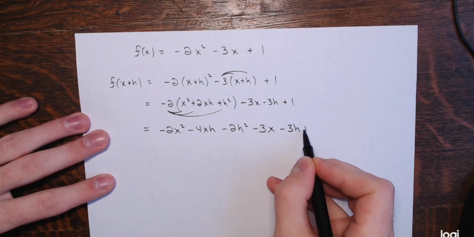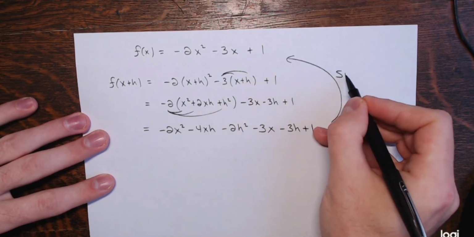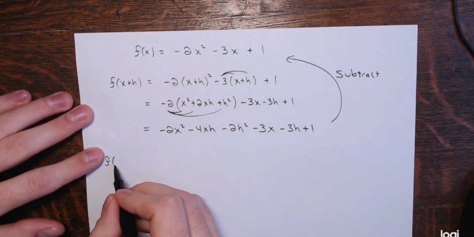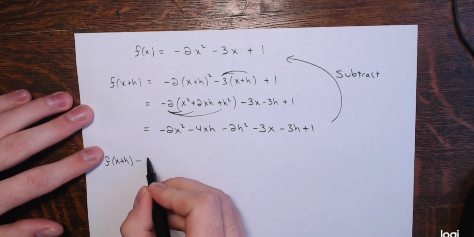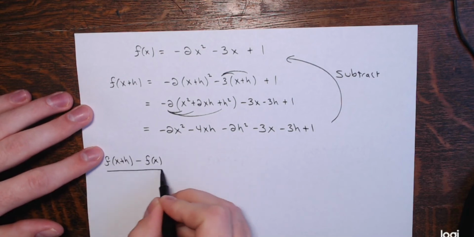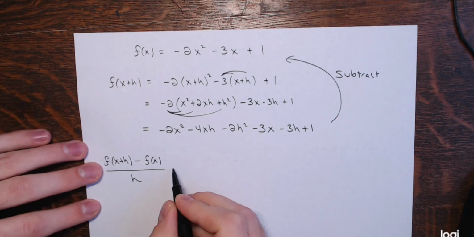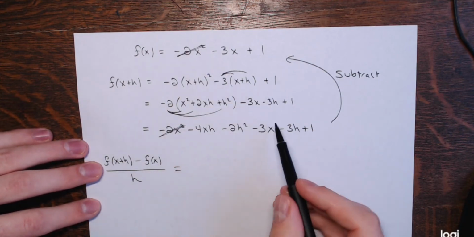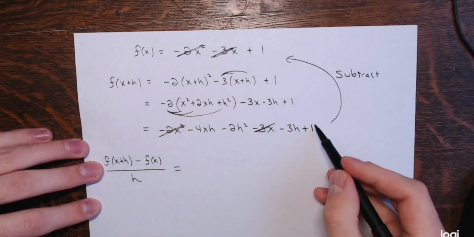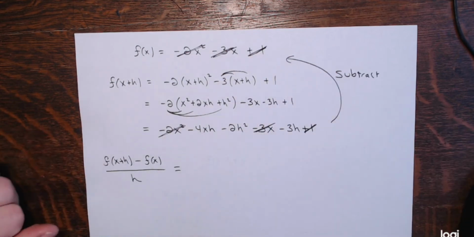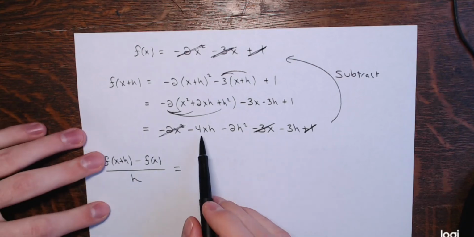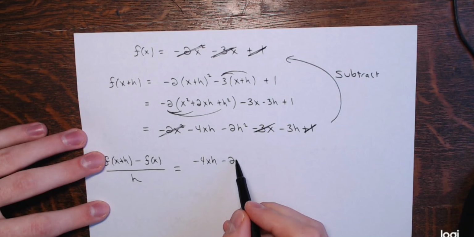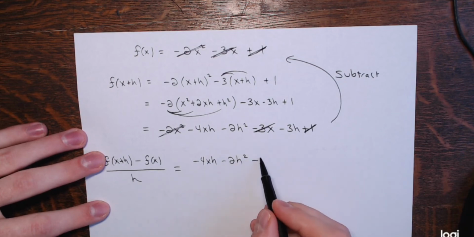And then we're going to subtract all the terms from f of x from this, right? So we're taking f at x plus h minus the terms from f at x and dividing by h. This is the difference quotient. Now if I do this, the -2x squared would go, the -3x would go, and the positive 1 would go, right? They'd be subtracting to be 0. So all I'd be left with in the numerator is -4xh minus 2h squared minus 3h.